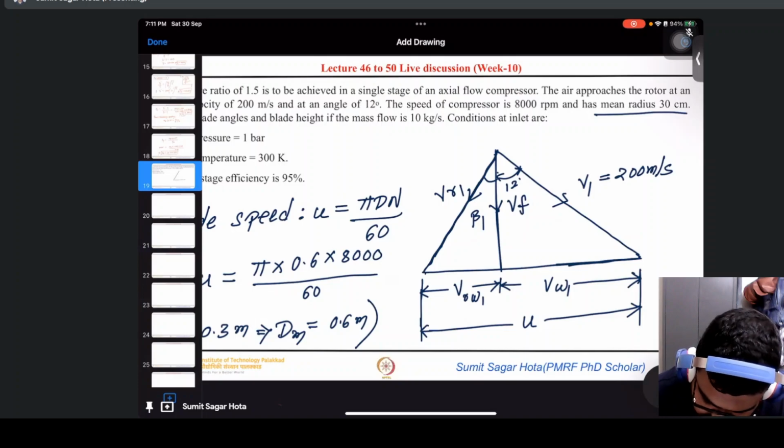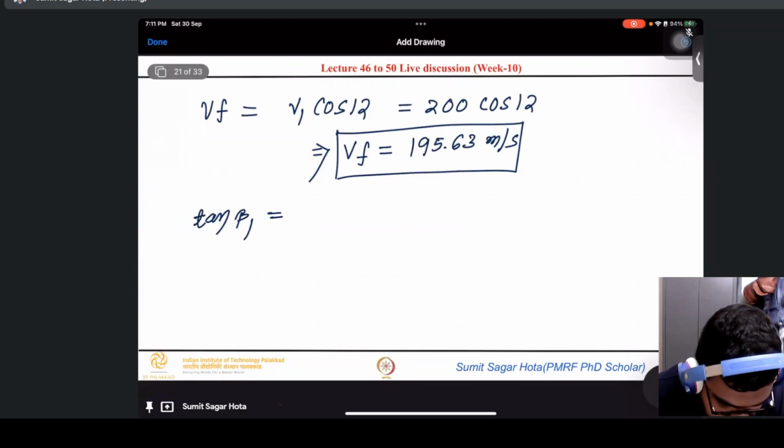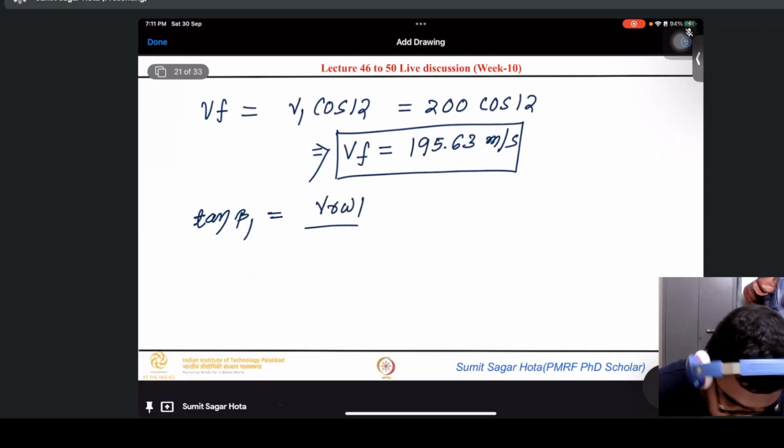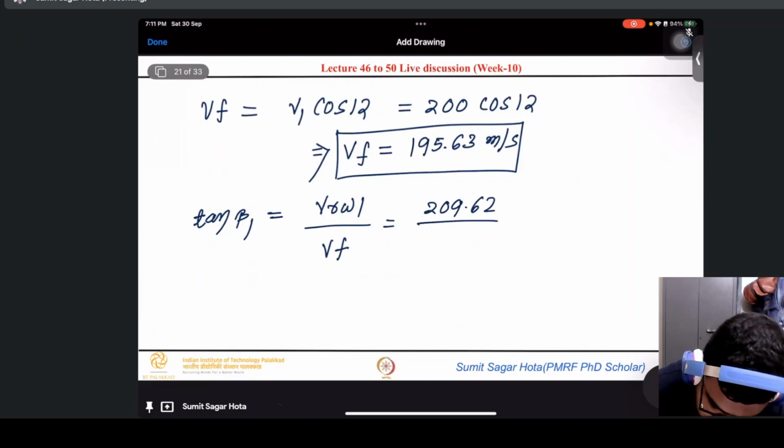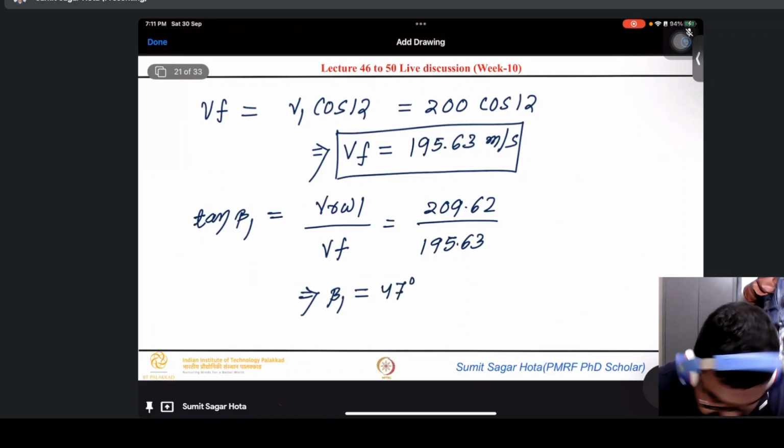You know BF, and you also know BRW1, everything you know. That means you can find out beta 1. BRW1 divided by BF: 209.62 divided by 195.63. Beta 1 equal to 47 degree, the inlet blade angle.